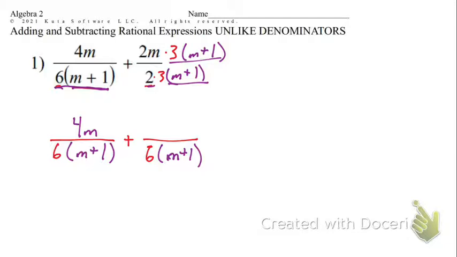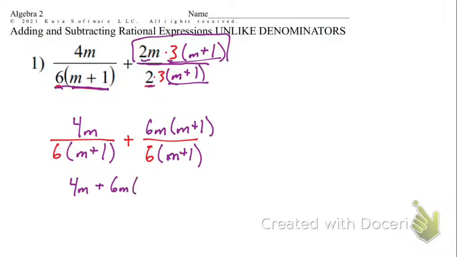Now over here, however, I do have to work. My numerator, I have to multiply all this out. So I have 2m times 3, which is 6m. And then that's going to be multiplied by m plus 1. Now that they have the same denominator, I can start making it look like an addition problem. 4m plus 6m parentheses m plus 1, all over 6 parentheses m plus 1.